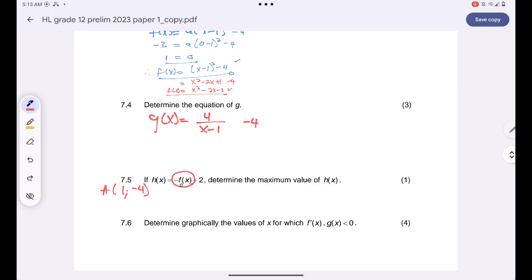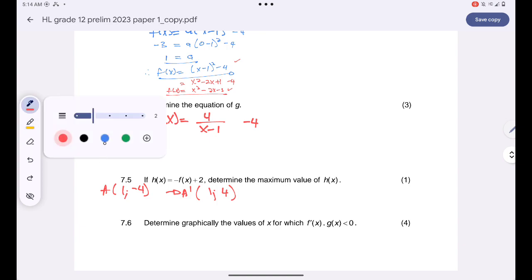So by reflecting the graph on the x-axis, that means we must also reflect this point on the x-axis as well. And whenever you reflect on the x-axis, only the sign of y changes. So the new point will simply be 1 and positive 4. Are you together? That's the first transformation.